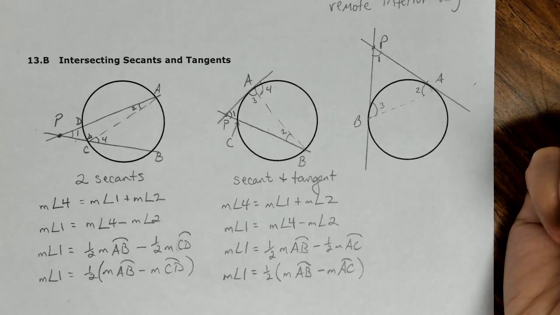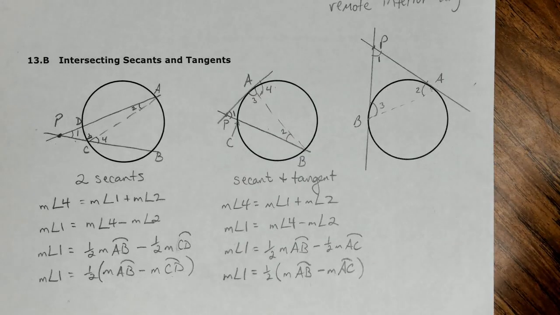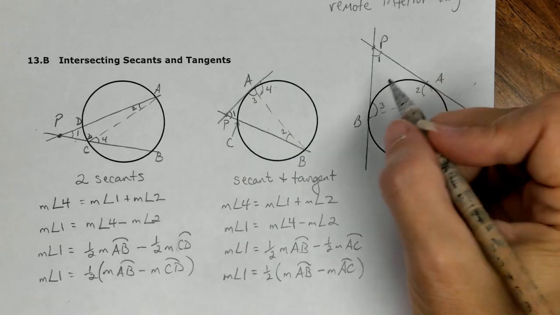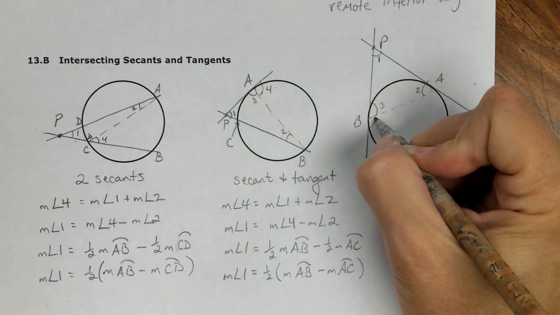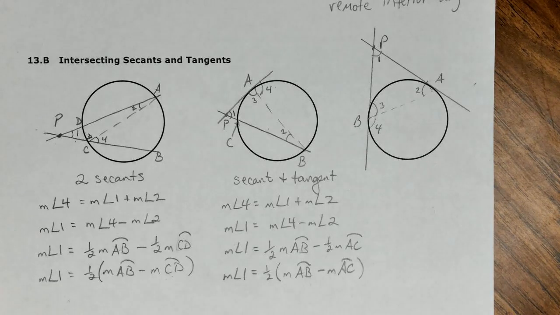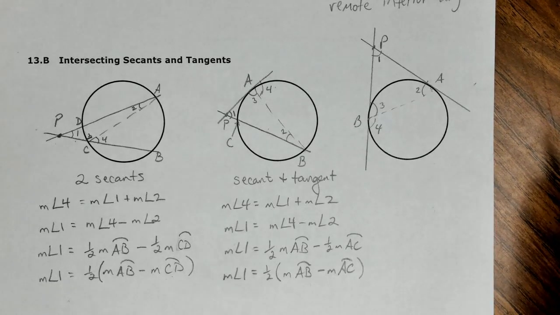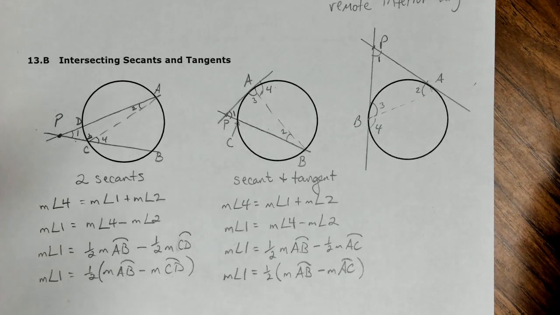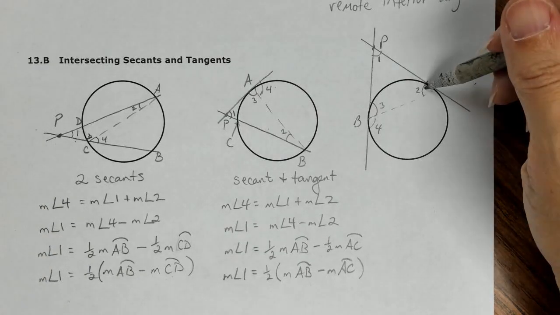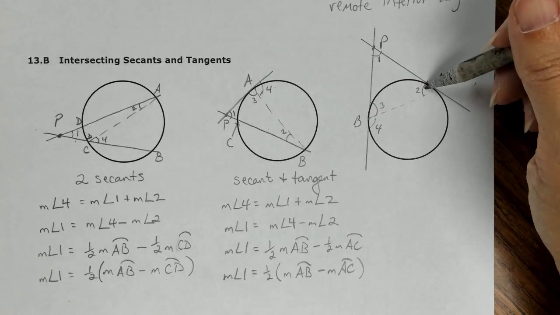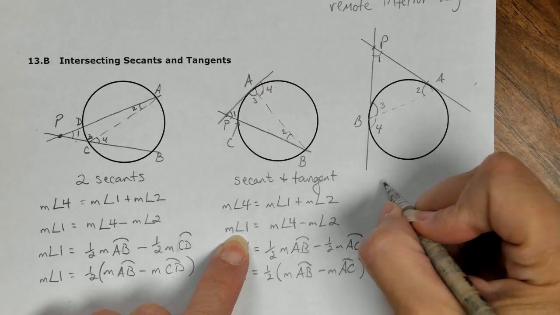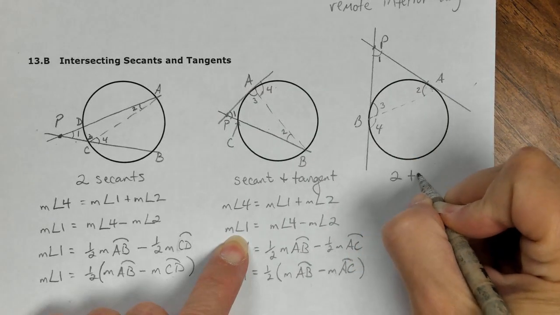And then we need to get one of these exterior angles again. Doesn't matter that much which one. We'll go here. Okay. So now, again, measure of angle 4 is equal to measures of angle 1 and 2. So I'm just going to go right here and do 2 tangents.